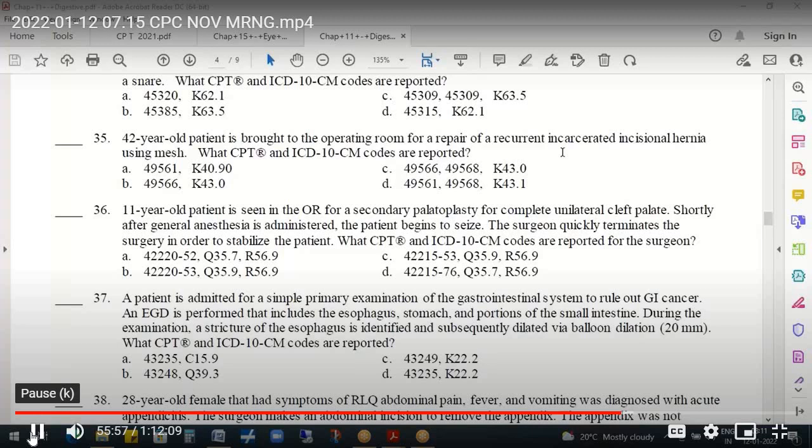See question number 35. See the rules and then the question.